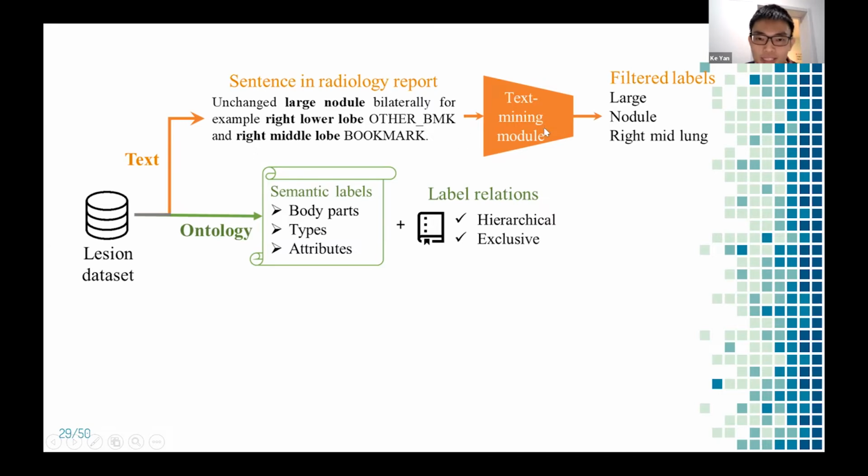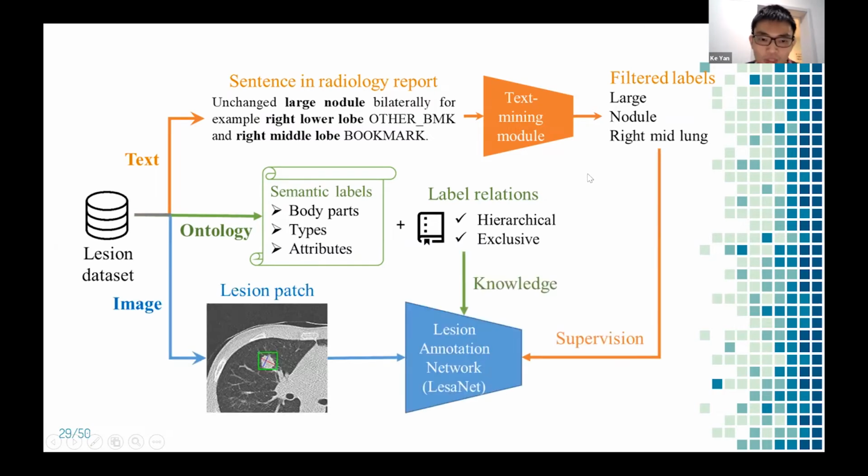And then we have a text mining model to filter the labels and only keep the correct labels and remove the noisy ones. And finally, with the knowledge from the label relations and the supervision from the labels, we can train a lesion annotation network to predict the lesion type, the body part, and the attribute of each lesion image.